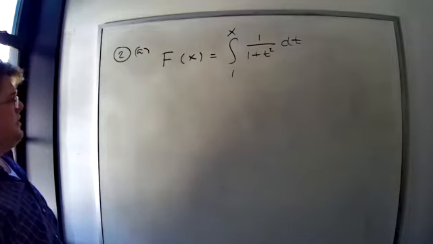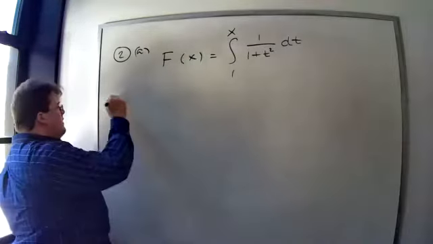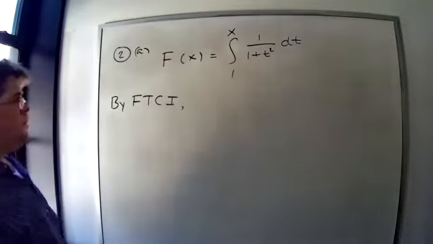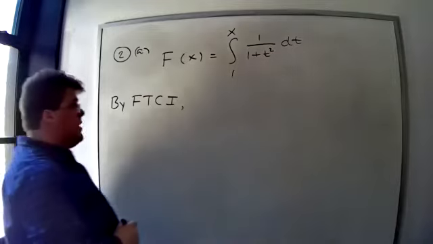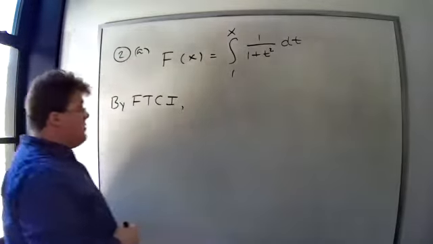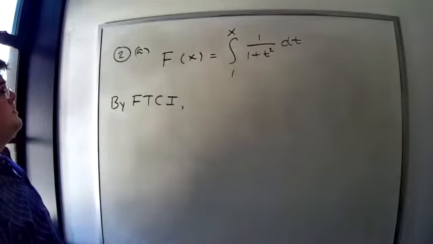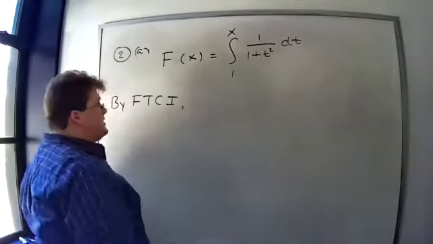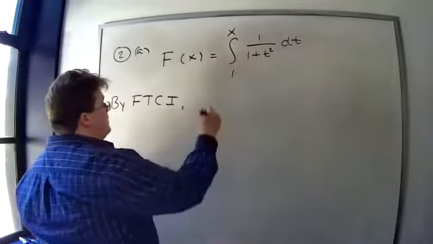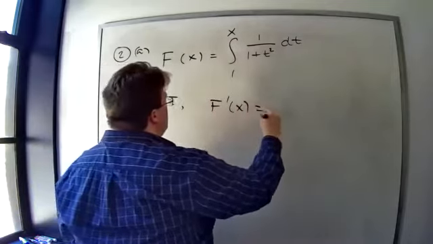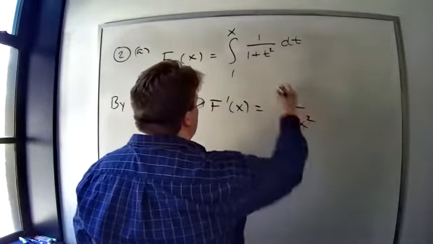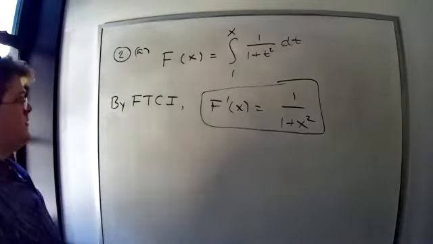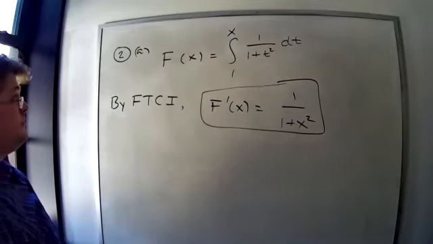And we want the derivative of capital F. Well, first part of the fundamental theorem of calculus, if the lower bound is a number and if the upper bound is just a single x, the derivative of this definite integral is the inside function of x. Any questions about that?